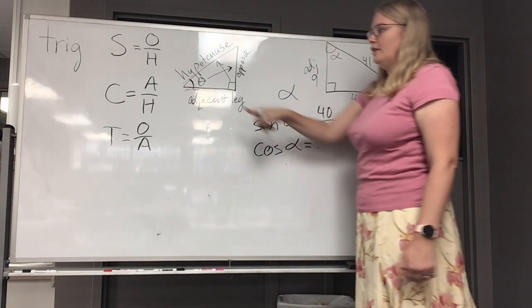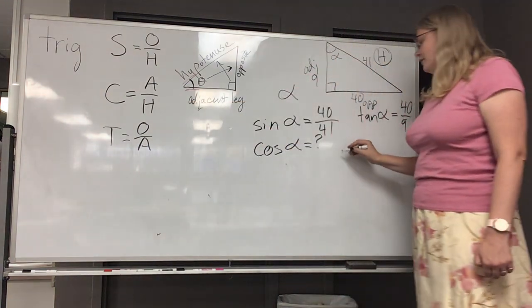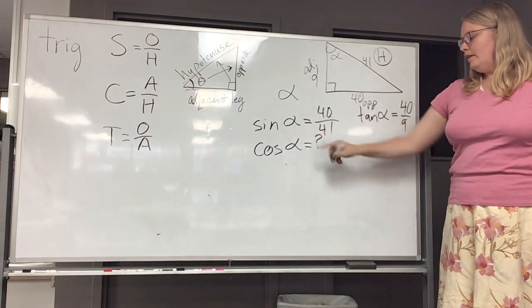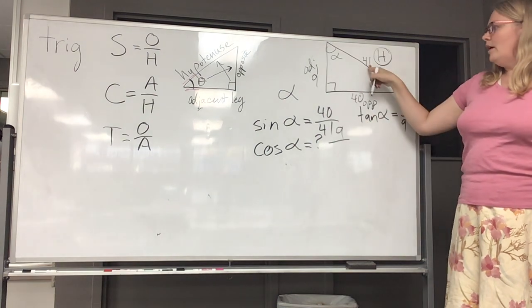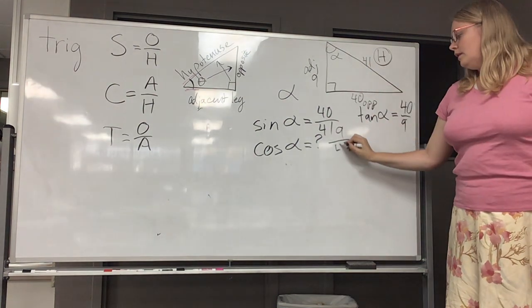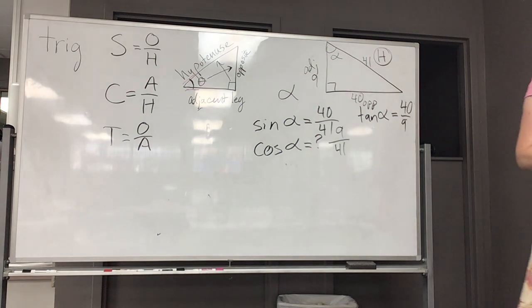So for our cosine, we need adjacent over hypotenuse, still of alpha. Adjacent to alpha is 9, hypotenuse is 41. So again, for most of these problems, they will keep it in the fraction form. You just have to be able to work with the relationship.